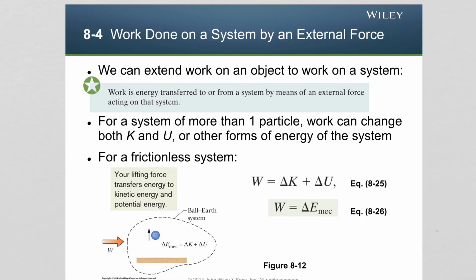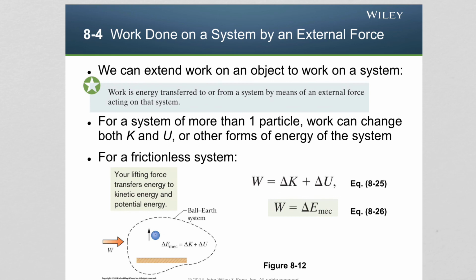Let's expand the concept of work done within a system by a force internal to the system to work done by an external force on the entire system. Here is an example. We have a ball and Earth, and that is the system. We're going to apply a force external to the system to change the mechanical energy of the system.